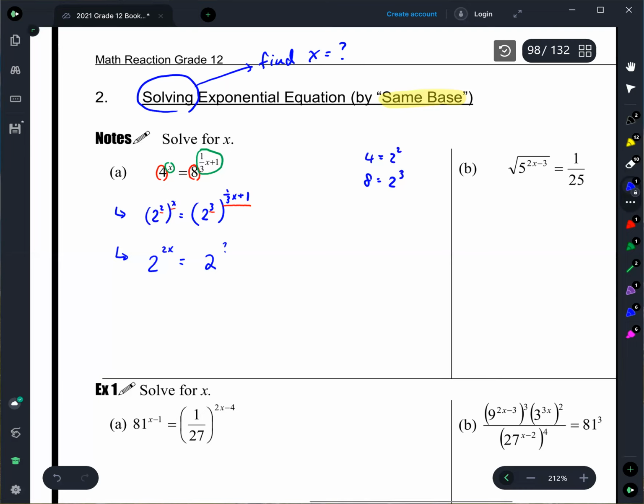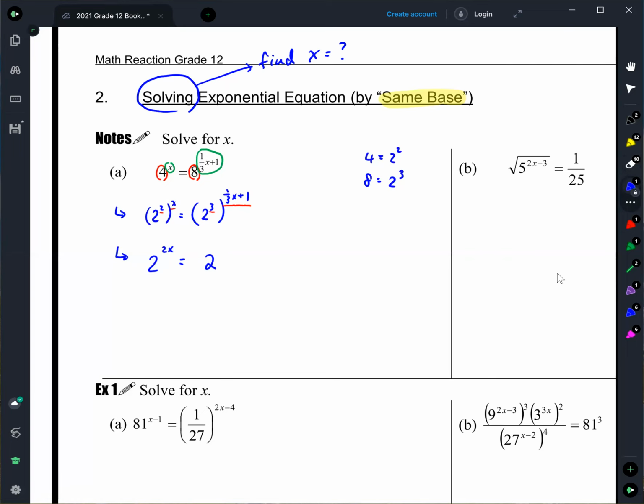Do you have the exponent? 3? How did you get 3?